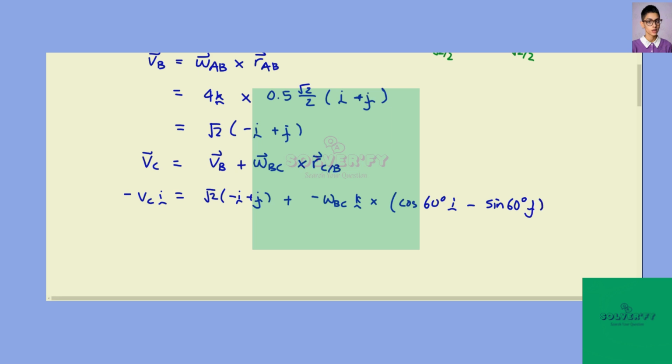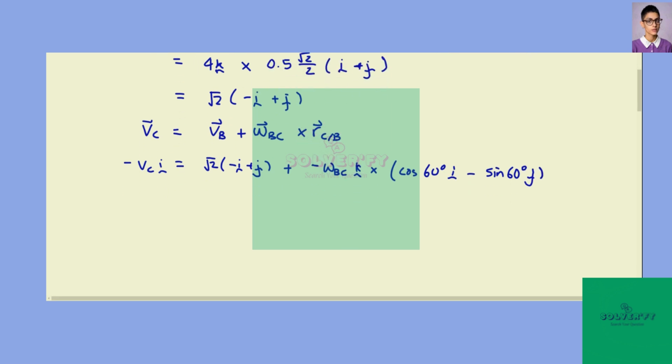So minus VC I is equal to square root 2 times (minus I plus J) plus half omega BC times (minus square root 3 I minus J).